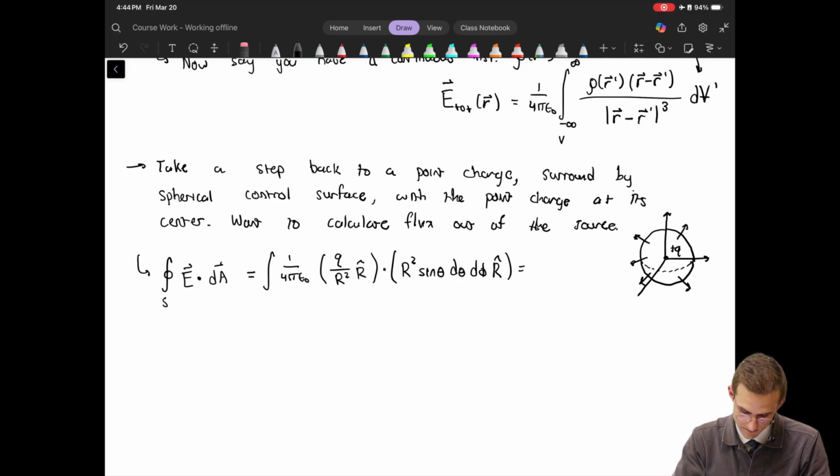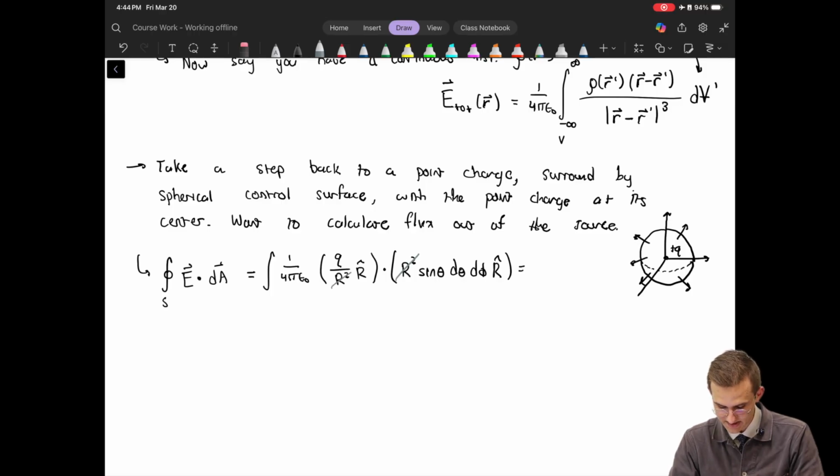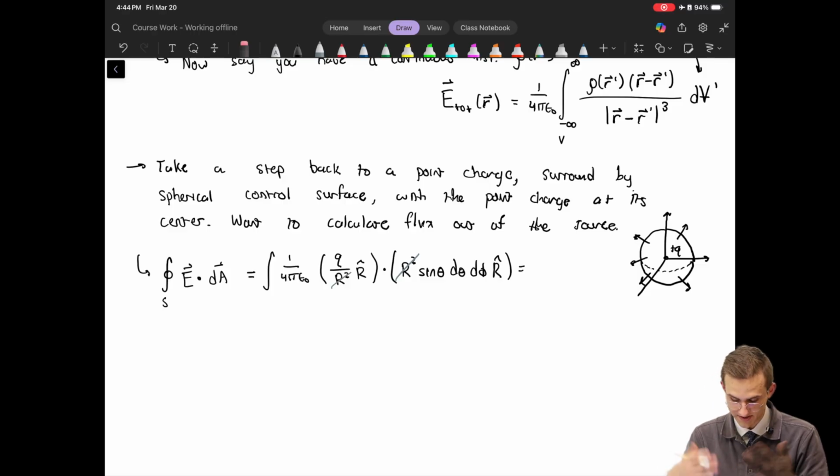The R squareds cancel because of the spherical symmetry of this force. And so now suddenly we just have a constant, because R hat dot R hat is just 1. We have Q over 4 pi epsilon naught times the integral of the differential element.